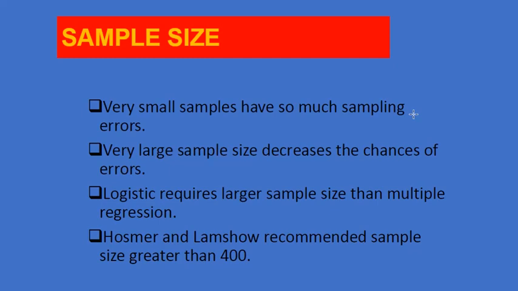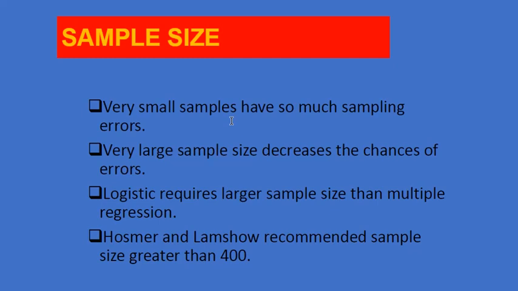This is very straightforward, because in order to have a good regression equation, or to draw a good regression line, we need a reasonable number of samples in our data. If there are very few samples, then our regression equation will not be able to fit itself, and we will end up with many sampling errors.